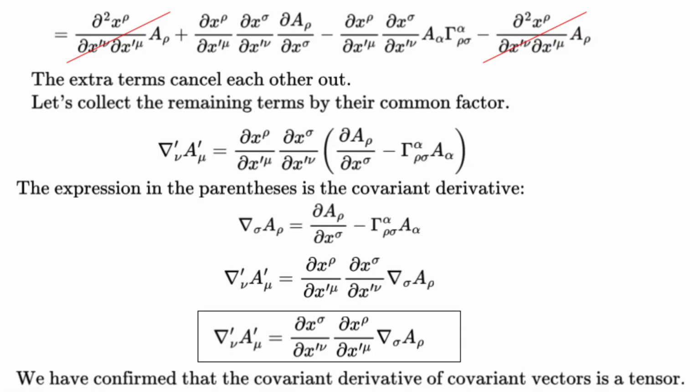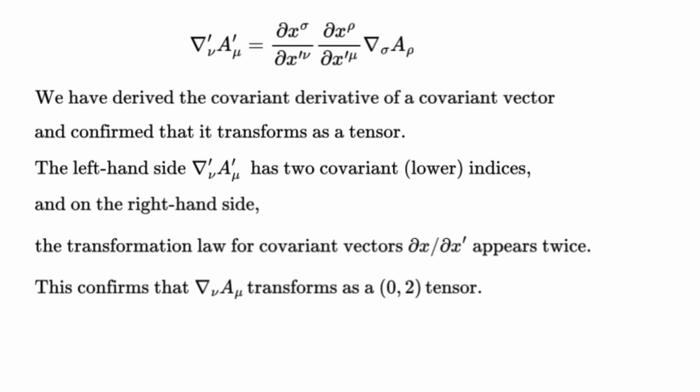We have confirmed that the covariant derivative of covariant vectors is a tensor. We have derived the covariant derivative of a covariant vector and confirmed that it transforms as a tensor.